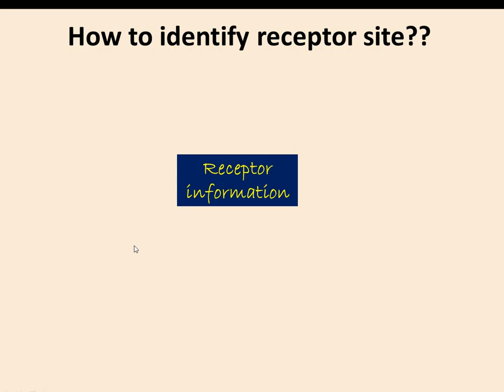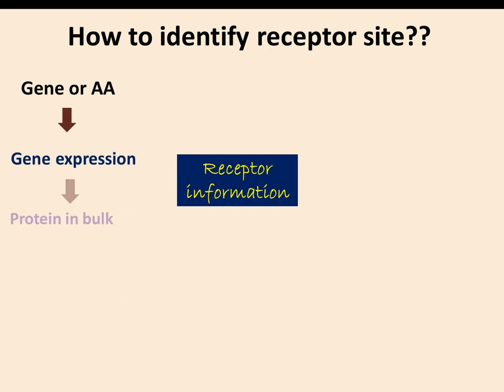Now let us see, at different levels of the data that we have, how we can prepare the receptor pocket and how we can identify the receptor pocket. Let us say a gene or amino acid sequence is available to us. Then gene expression is done in another species like E. coli, so that upon fermentation they get the protein in bulk.